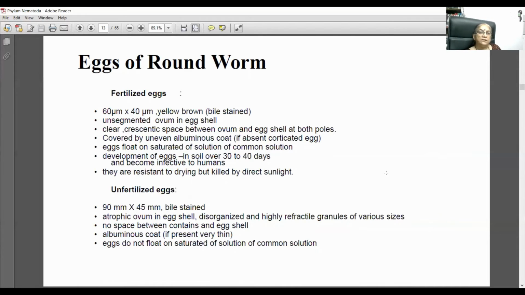This eggshell is covered by an uneven albuminous coat. If it is decorticated, there is no albuminous coat, and you will see that it is absent. If the albuminous coat is not present, this egg is known as the decorticated egg.